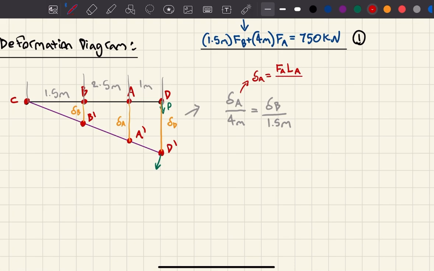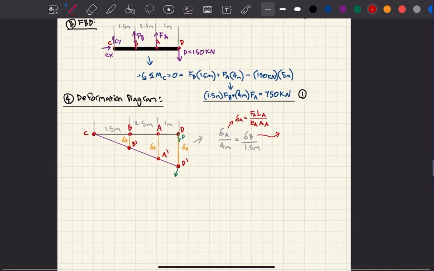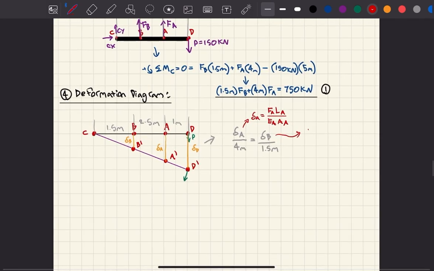Divided by the elastic modulus of bar A, multiplied by my area of bar A, right? Do I know the deformation of bar B? Yes, I do. It's simply the force B multiplied by the length B divided by the elastic modulus of bar B multiplied by the cross-sectional area of bar B.